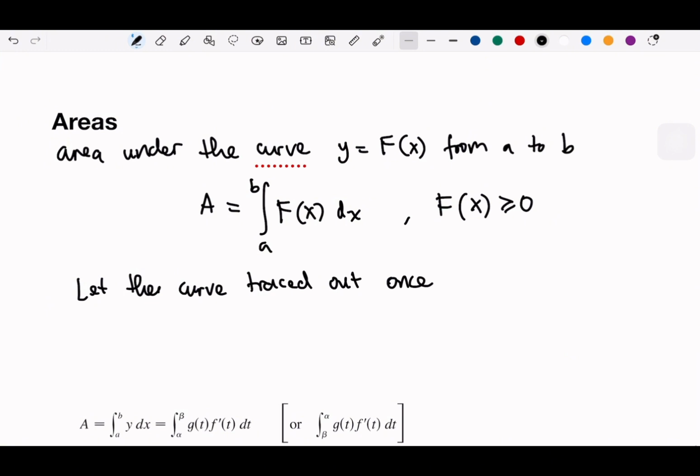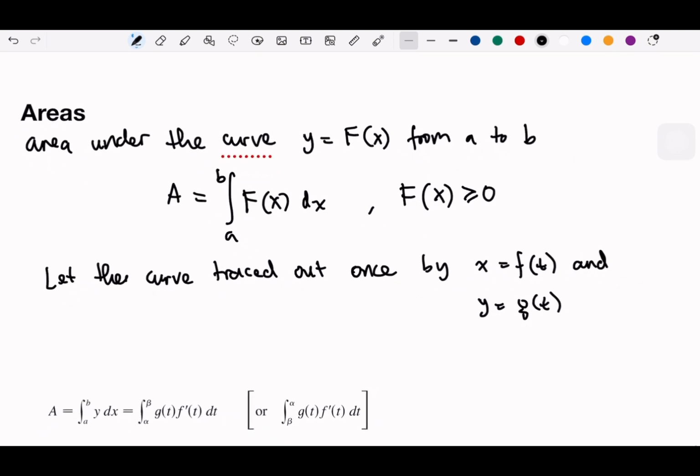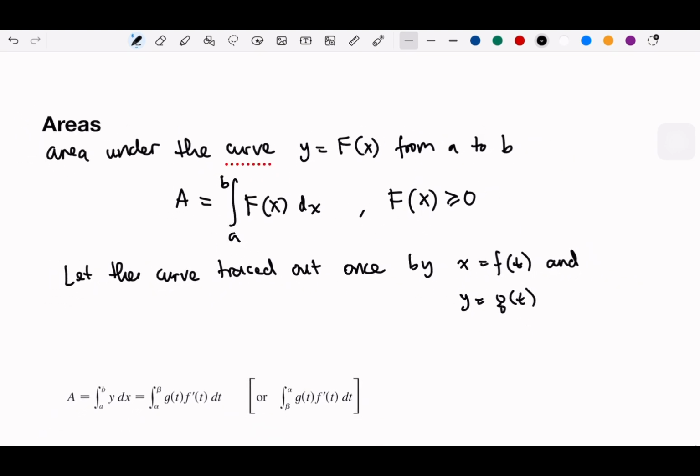We need to assume that first, with another function which includes the parameter, let's say x equals f of t and y equals g of t. And then we also need to define our parameter range, using another symbols, let's say alpha and beta.